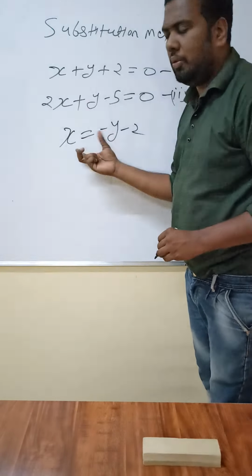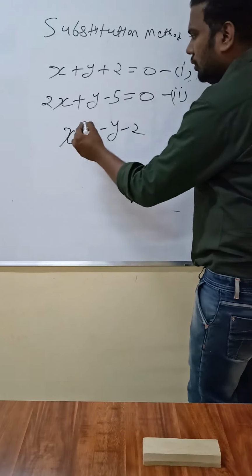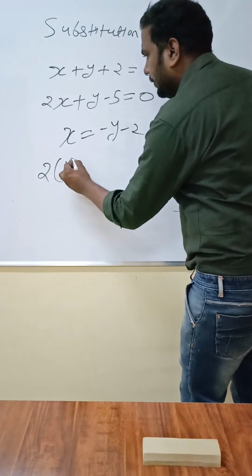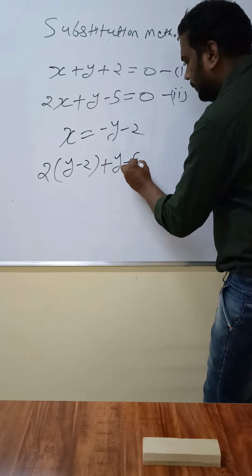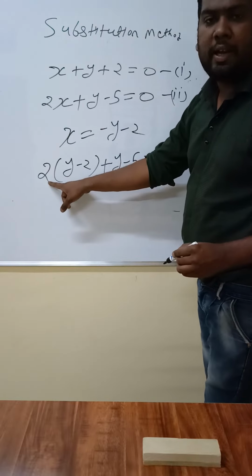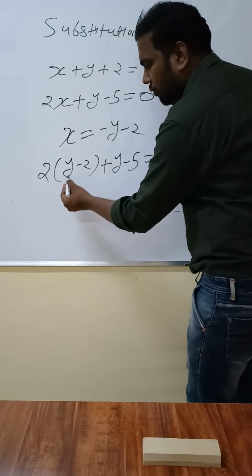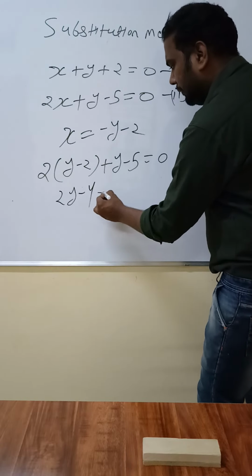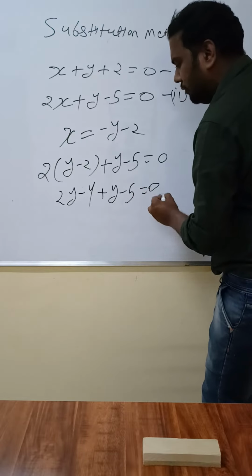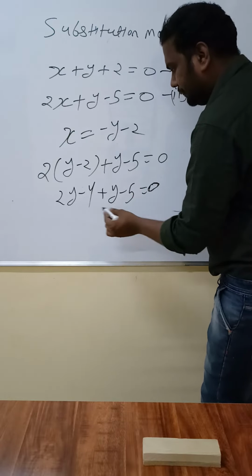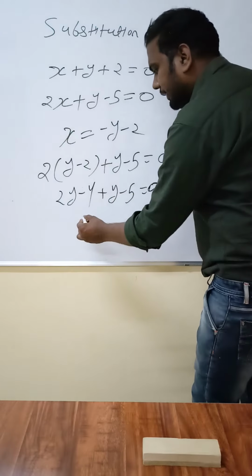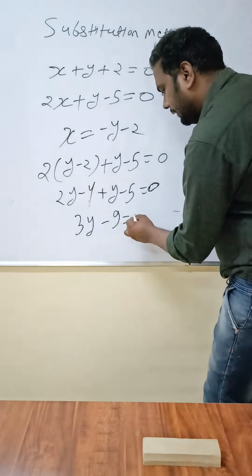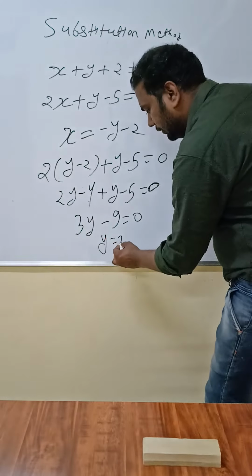So value of x put into equation 2. So 2 times the value of x, y minus 2. So we multiply 2 on this quantity, 2y minus 4 plus y minus 5 equal to 0. 2y plus y is 3y, minus 4 minus 5, minus 9 equal to 0. So y equal to 3.